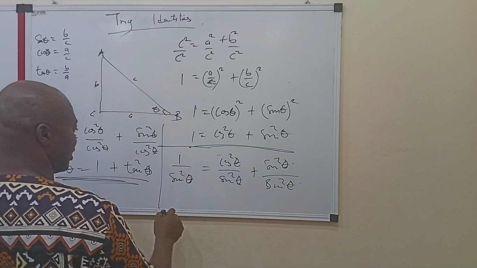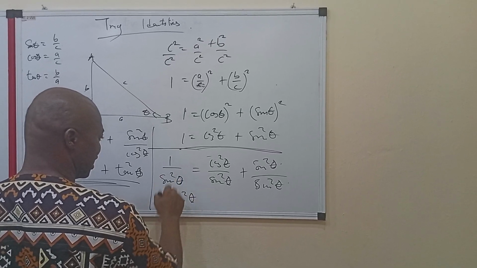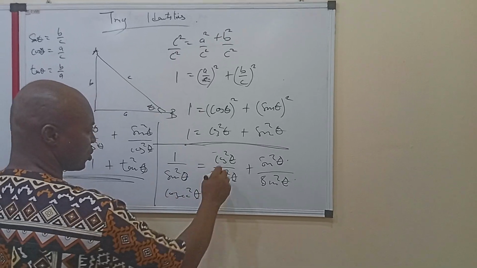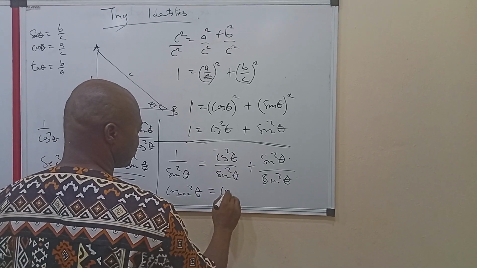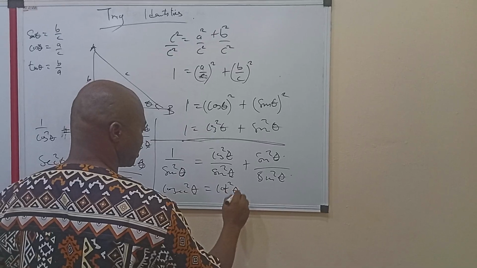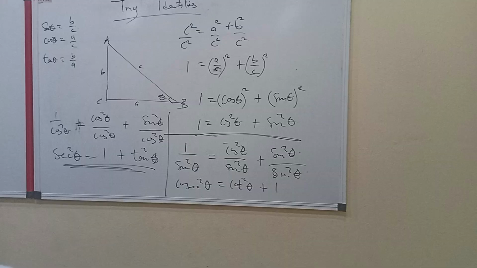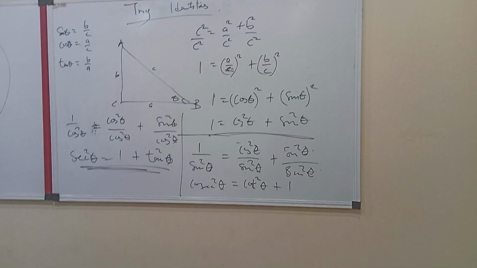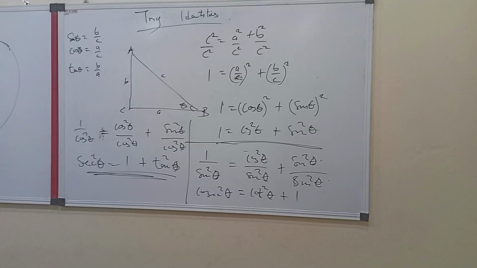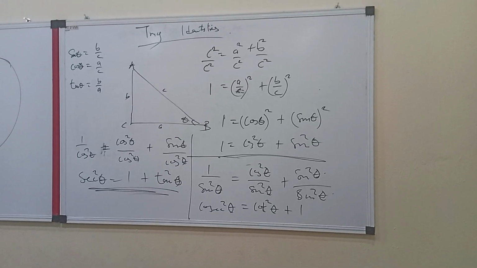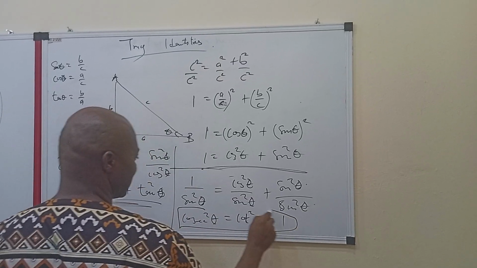The meaning that here we are having cosec squared theta equals cot squared theta plus 1. Now with these identities, we can also do business.